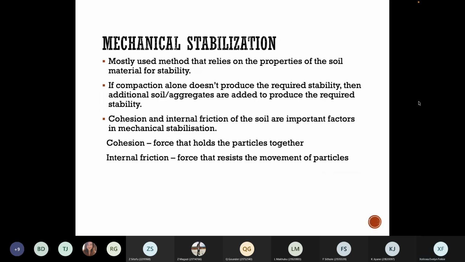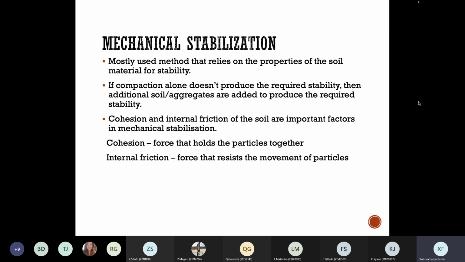And the different types of stabilization. We have mechanical stabilization, and then we have other stabilization where they use either cement, lime, bitumen, and all those other things. So what is mechanical stabilization?